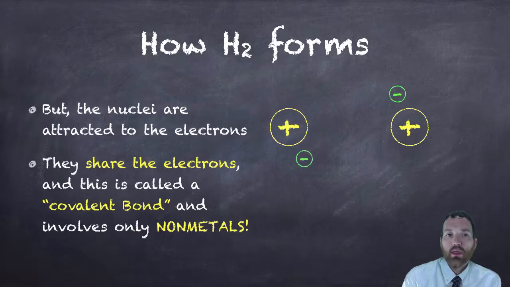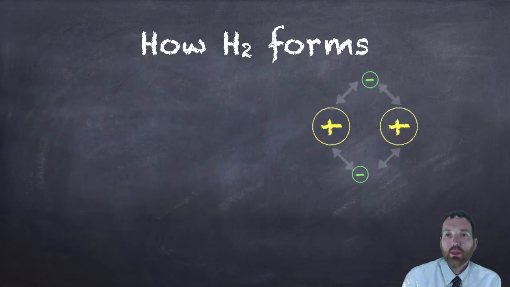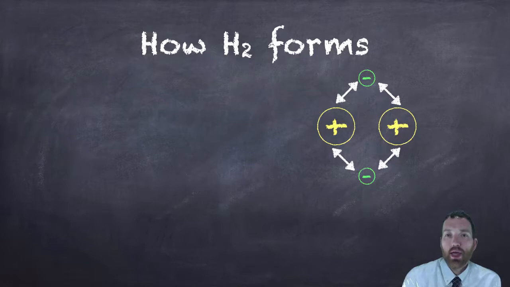When they share electrons, this is called a covalent bond. Remember, this only involves nonmetals like hydrogen and oxygen. As they get close together this time, each atom is attracted to each other's electrons. This electron belonged to this atom, but it might spend some time over here. And this electron really belonged to this atom, but it might spend some time over here. They're going to end up going back and forth between these two atoms.